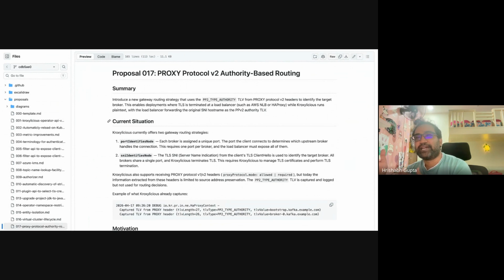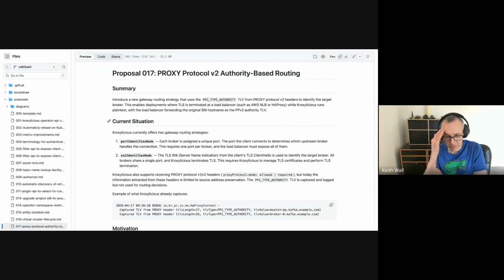So it might be useful where the NLB terminates the TLS but passes on the PPV2 header, which is essentially the host information, directly to the Kroxylicious application, and the application identifies the virtual cluster from there. That is the whole idea of this PPV2 based routing.